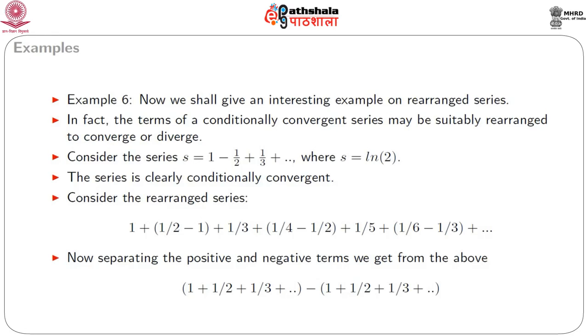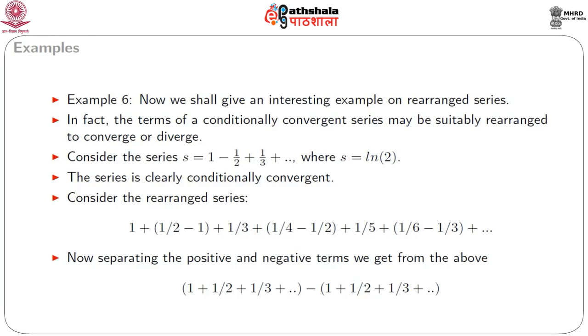In our next example, we shall consider an interesting fact on rearrangement. In fact, the terms of a conditionally convergent series may be suitably rearranged to converge or diverge. Consider the series S equal to 1 minus half plus 1/3 minus 1/4.